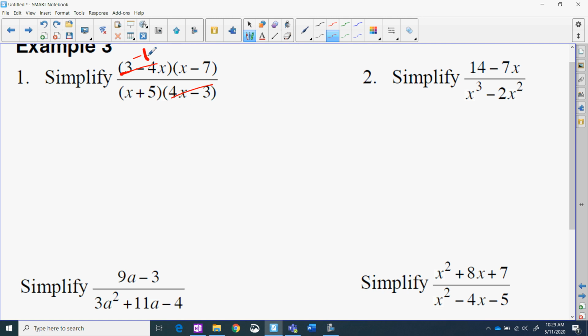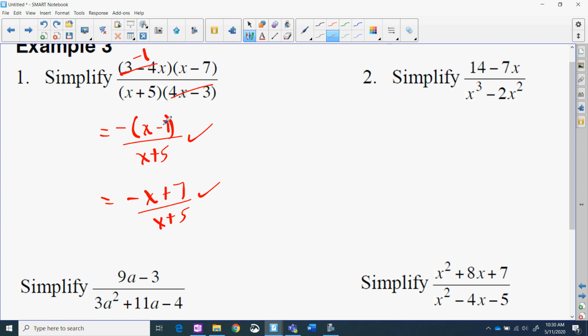I would divide them out to get a negative 1 because they're subtracted in the opposite order, leaving me with negative 1 multiplied by x minus 7 over x plus 5. So that would be fine. Now, hopefully your number sense is evolving to the point where if you looked in the back of the book and saw this instead, you'd say, oh yeah, okay, they just distributed the negative into here. This is the same thing. It's fine. Both of them are right, whichever way you would choose to write it.